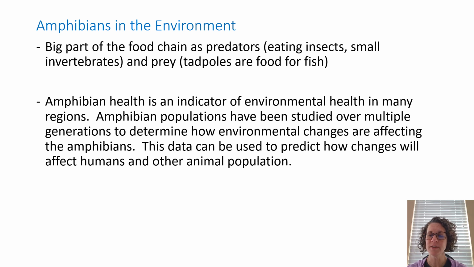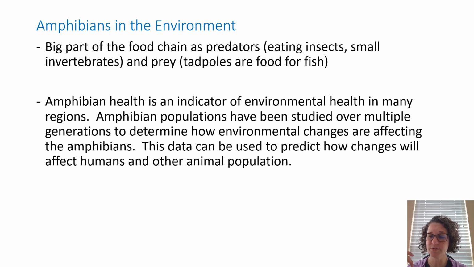But another way that amphibians are very important and are studied is because their health is a good indicator of the environmental health in many regions. They are very sensitive to chemicals, they are very sensitive to environmental changes, and they don't always survive them, or they don't always do well with these changes.